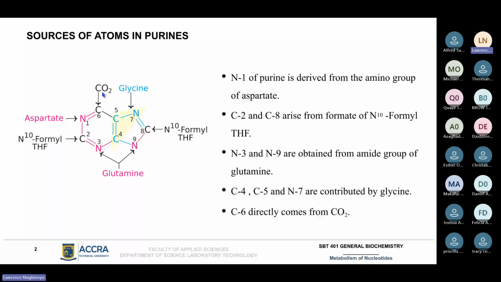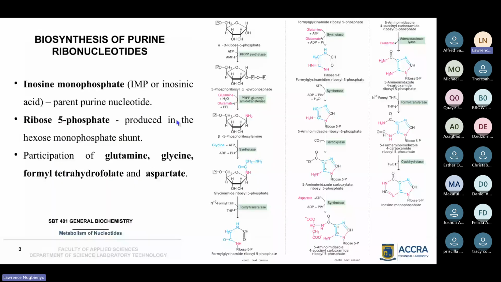Now, we take the biosynthesis of the purine ribonucleotides. So again, you know that we have the ribonucleotides and we have the deoxyribonucleotides. And the ribonucleotides are the nucleotides that form the ribonucleic acid, RNA.